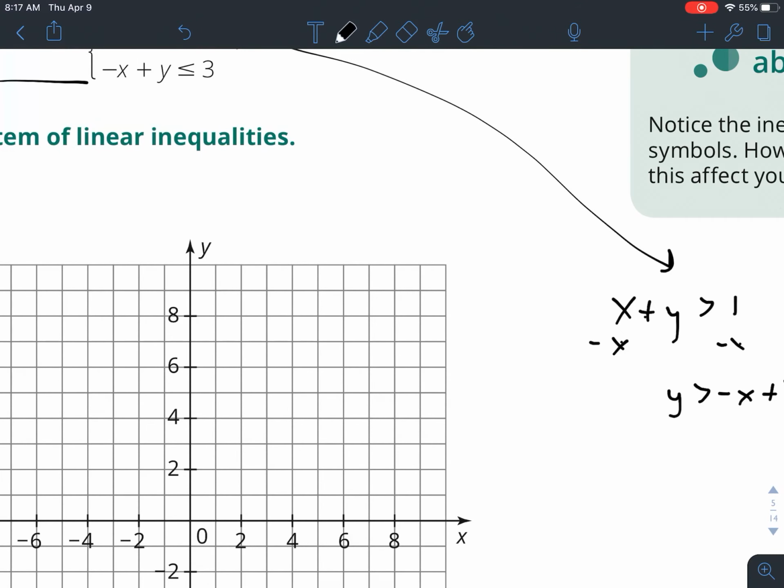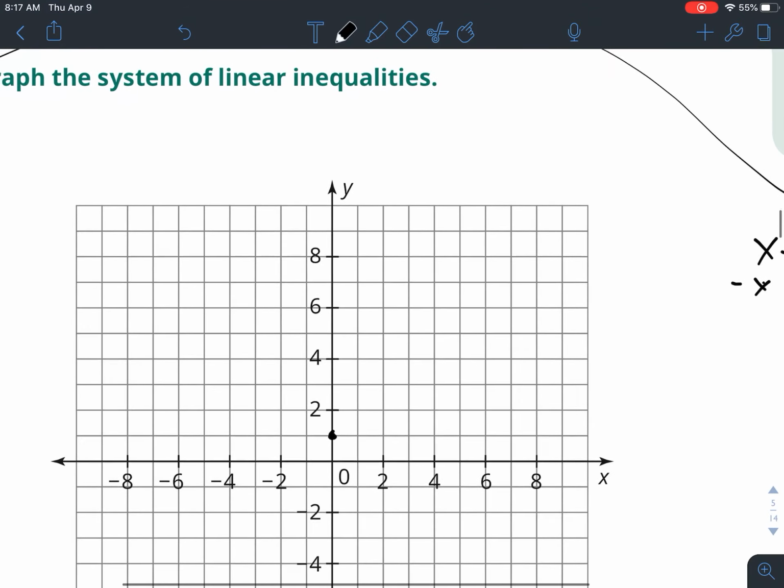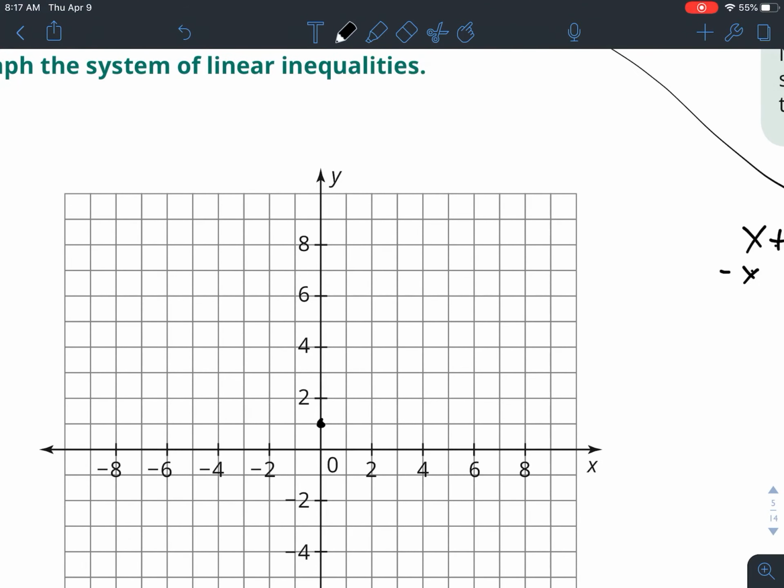We know it's negative, so that's going to go down. That's going downhill, because the first number here, which is our y-intercept, is positive. We know that's going to be marked at 1 to start. The slope is 1 by 1, because the negative x means it's negative 1x. Since it's negative, it's going downhill.